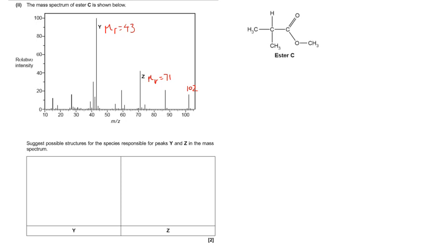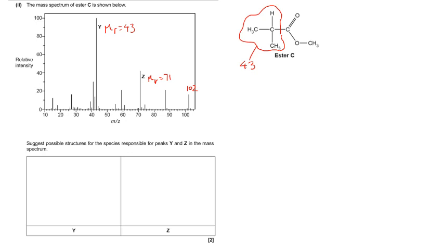Okay, so if we have a look at our ester C molecule here, and if we had a look at what the Mr of this bit is, we could see 15, 15 is 30, 40 to 43, right? So you see that that bit's 43, right?